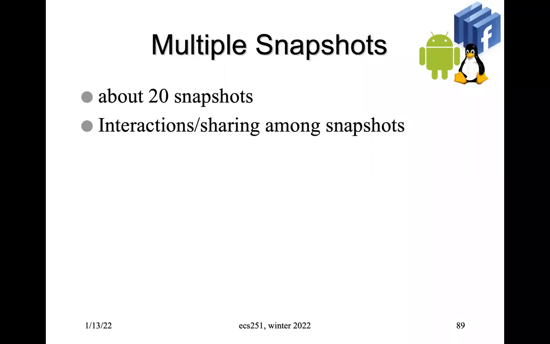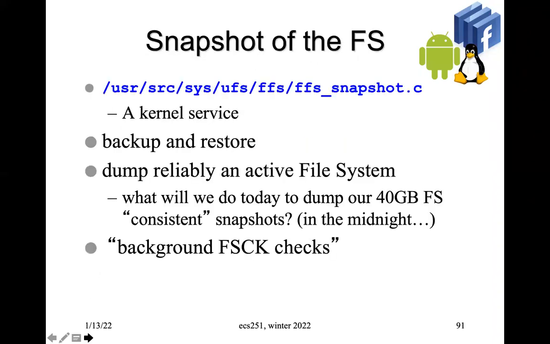The reason there is a limit is that after I take a snapshot, every single file access needs to check against all the snapshots you have to decide whether some of them will trigger copy on write. So this is a kind of limitation on snapshots, just to let you know. Skip this, I just want to let you know this is the source code if you're on a FreeBSD operating system.